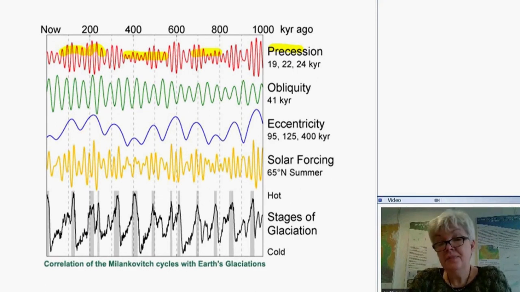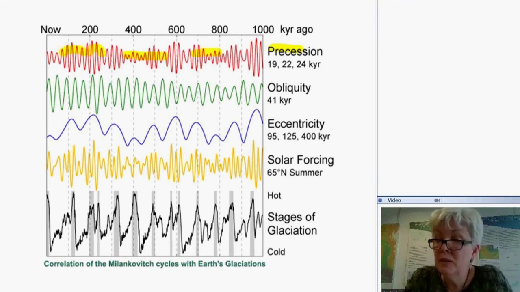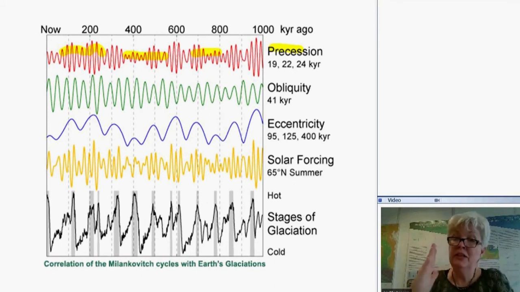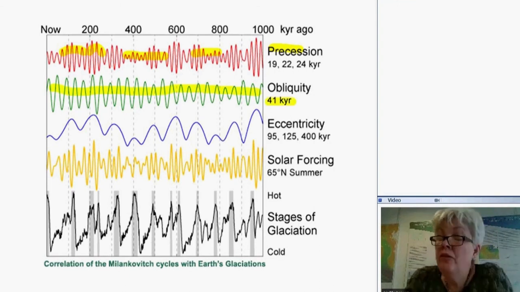The next was the obliquity, and that's the tilt of the Earth's axis, which today is 23.5 degrees, and it can change just a few degrees, and you can see how much that influences the climate on Earth, with a period of about 41,000 years.